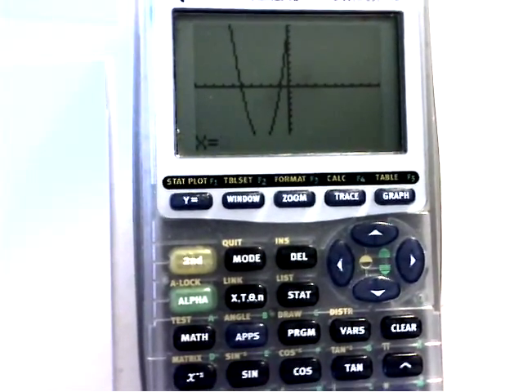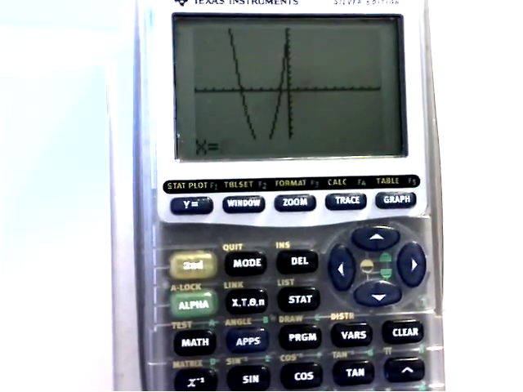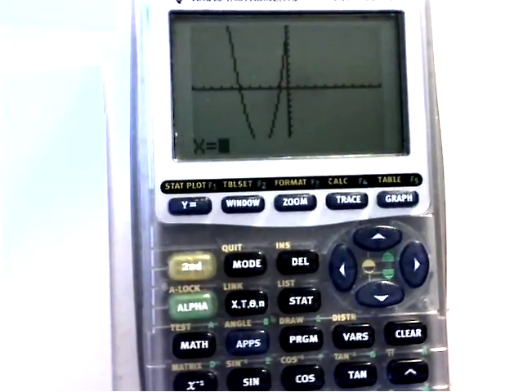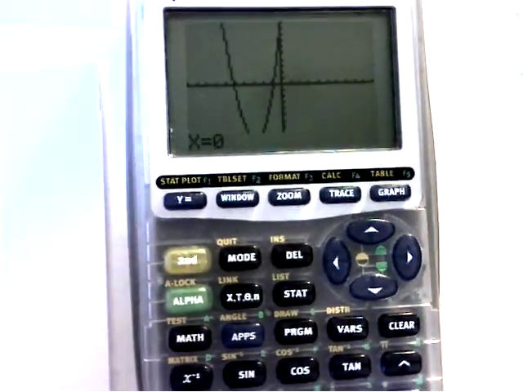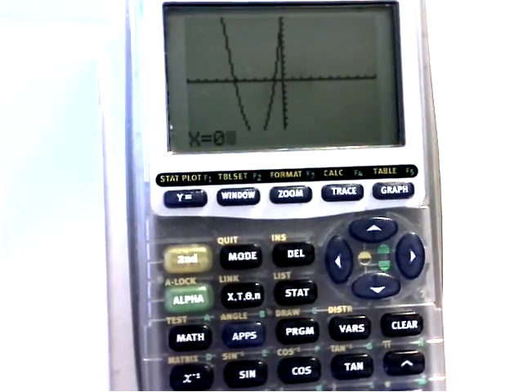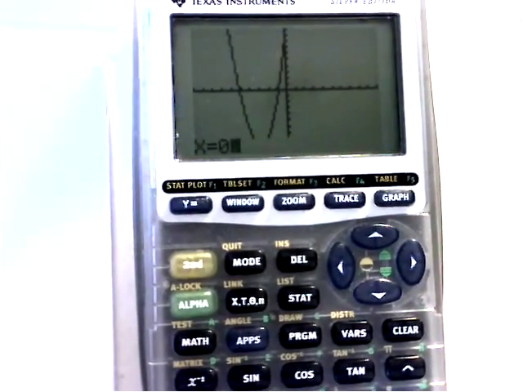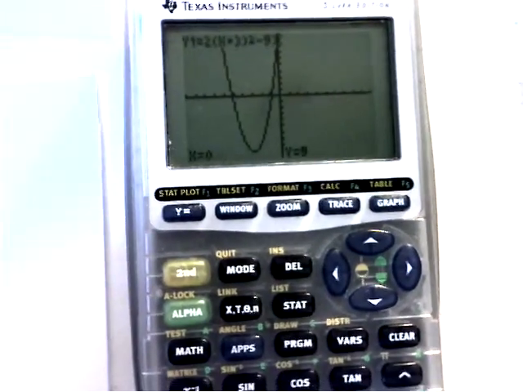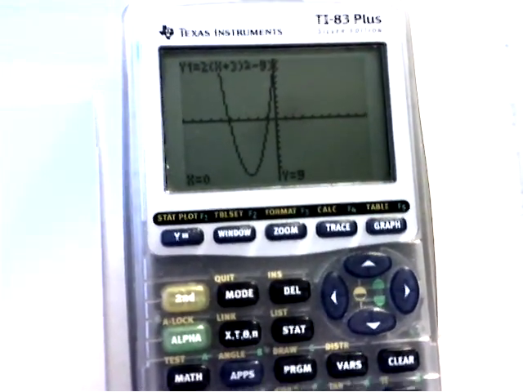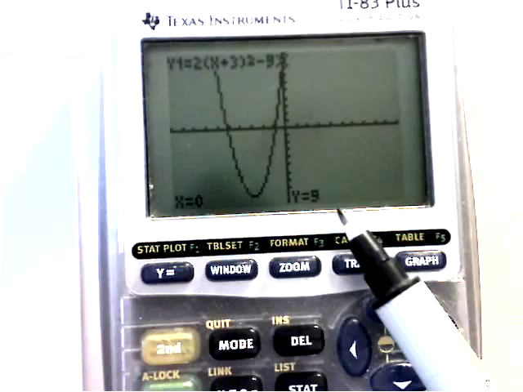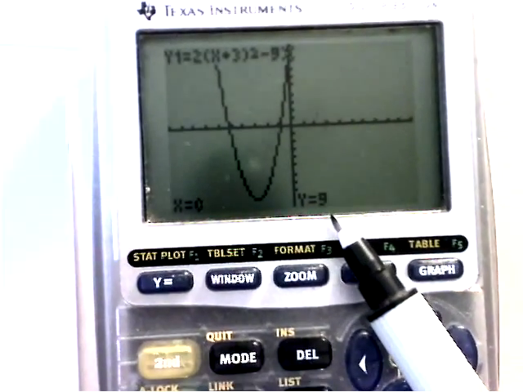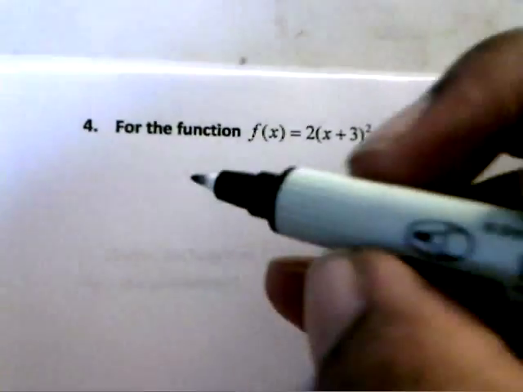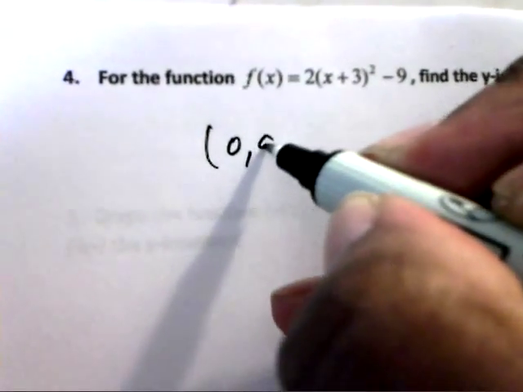Since we want the value of the y-intercept when x is equal to 0, I just type in 0 for x, and then press enter. And there's my y-intercept right there, which is 9. So the y-intercept will be the ordered pair 0, 9.